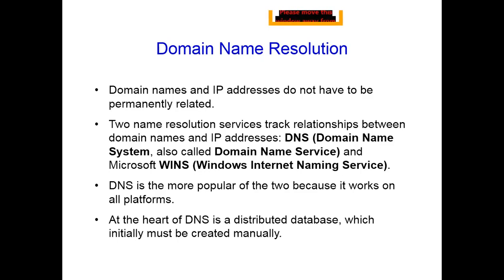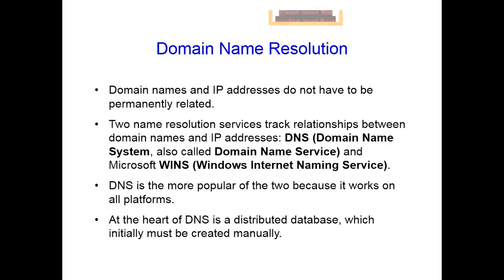So, yung DNS kasi at saka yung WINS na tinatawag, yung Windows Internet Naming Service, yung domain name system ang popular kasi lahat ng platform, lahat ng operating system pwedeng gamitin ito. Unlike sa Windows Internet Naming Service, kung saan yung Windows or yung Microsoft lang ang gumagamit.